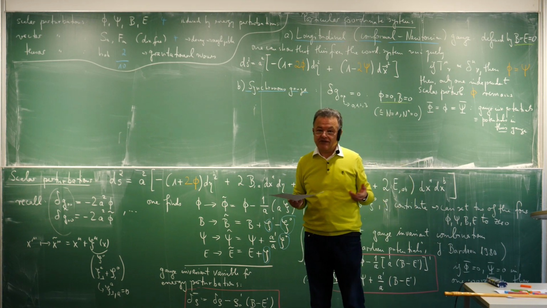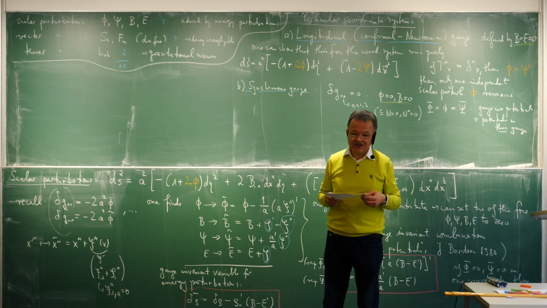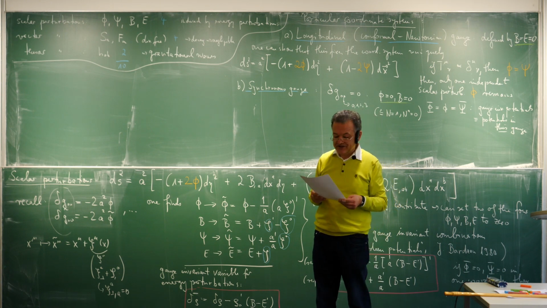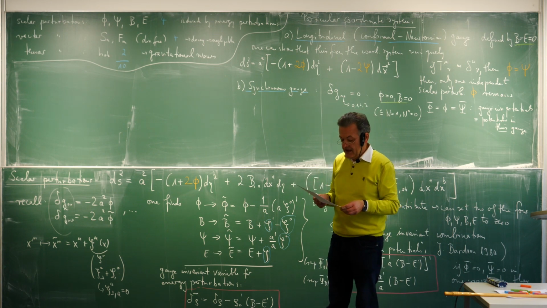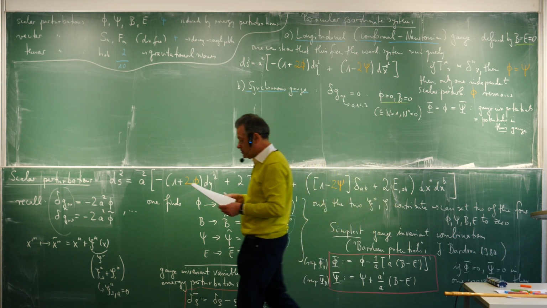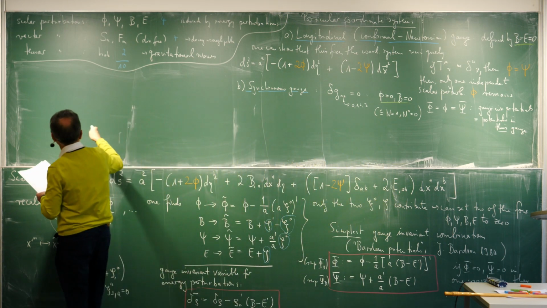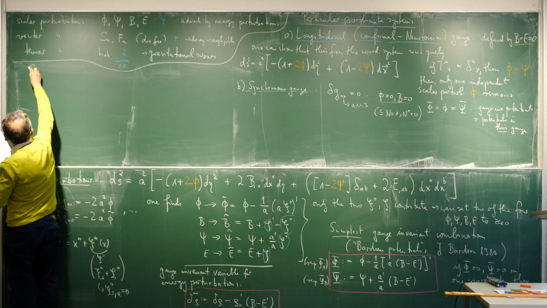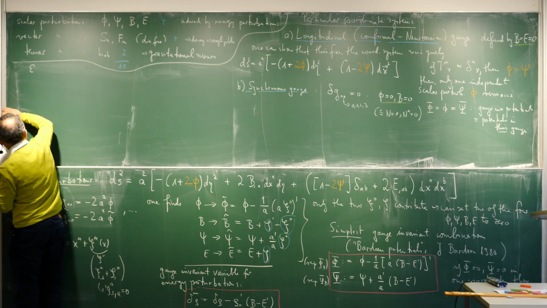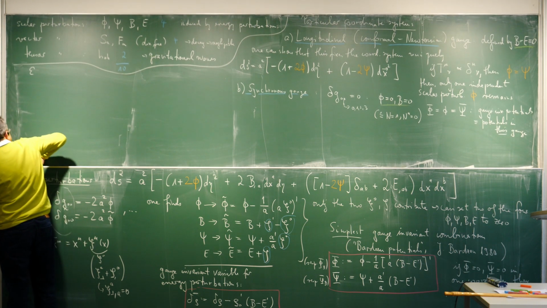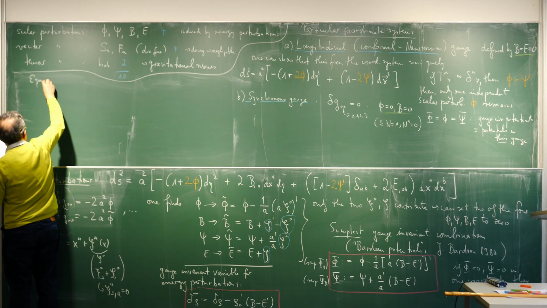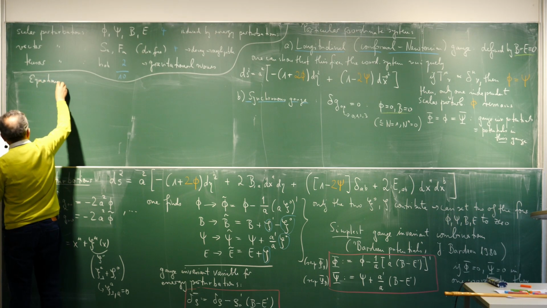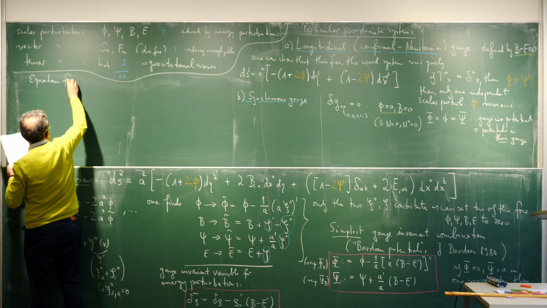This requires some work, as you can imagine. Of course, this has been done long ago, and I will only sketch it. So we have here the equations for cosmological perturbations.